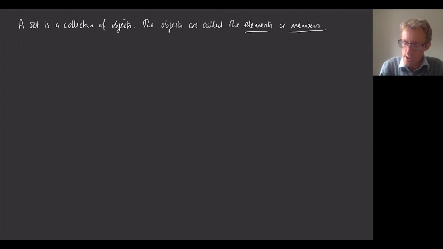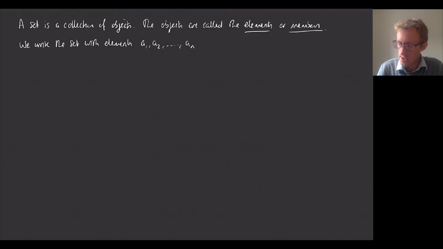Okay, and we write the set with elements a1, a2 up to an, say, as curly brackets a1, a2 up to an. This would be a set with n objects in it. The order in which you write the things inside the curly brackets doesn't matter. It's the same set.